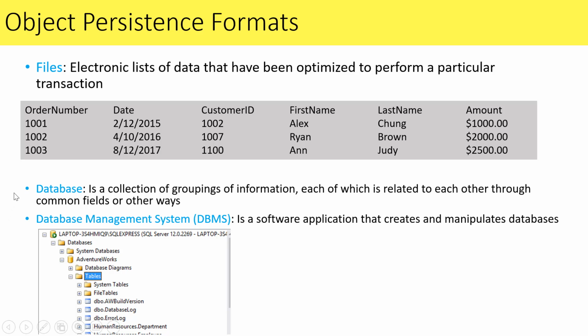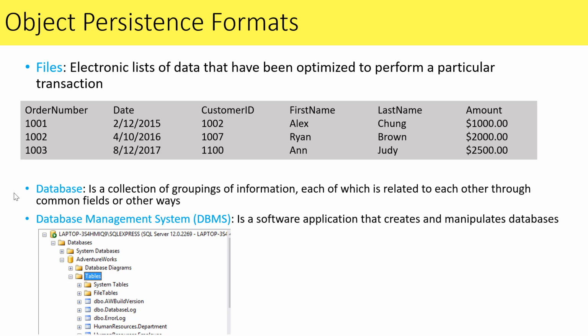So what are the different object persistent formats? The simplest, which has been around for a long time, is just a simple file. You can store your data as rows and columns. As you can see on the slide, we have order number, date, customer ID, and so on and so forth.